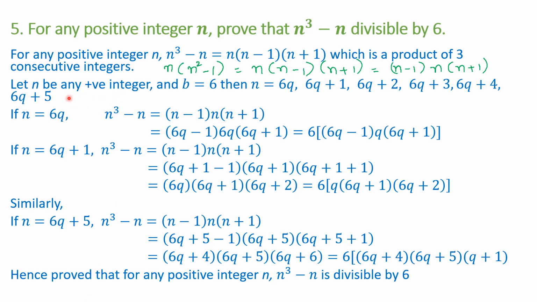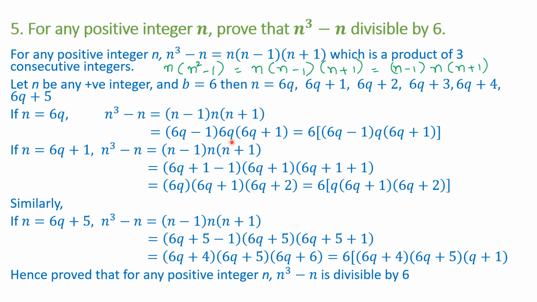Now let's start. Let n be any positive integer and b be equal to 6, because I want to show it is divisible by 6, which implies that n is equal to 6q, or 6q plus 1, or 6q plus 2, or 6q plus 3, or 6q plus 4, or 6q plus 5. Now over here, if we start with the first one, if n is equal to 6q, then n cube minus n is going to be, as we have written, 6q minus 1 into 6q into 6q plus 1.